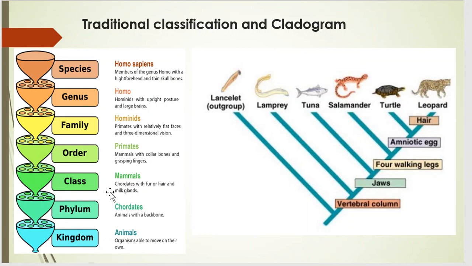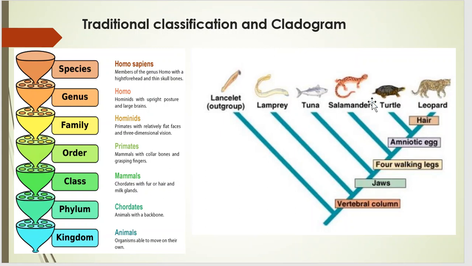Here the human is classified under the kingdom Animalia, phylum Chordata, class Mammalia, order Primates, family Hominidae or hominids, genus Homo, and species Homo sapiens. That's how we got the scientific name Homo sapiens. And this is a traditional classification. In traditional classification, we have pretty much the six kingdom classification, and we come under the kingdom Animalia.